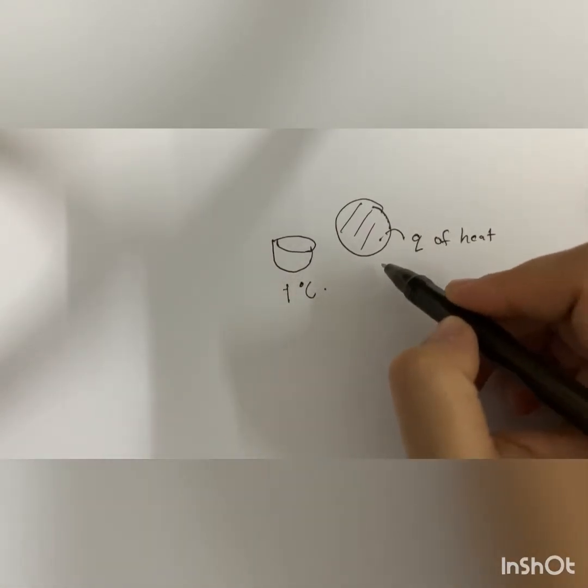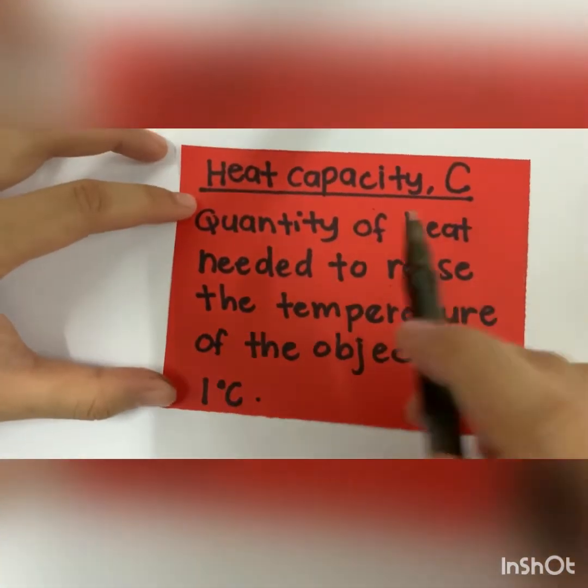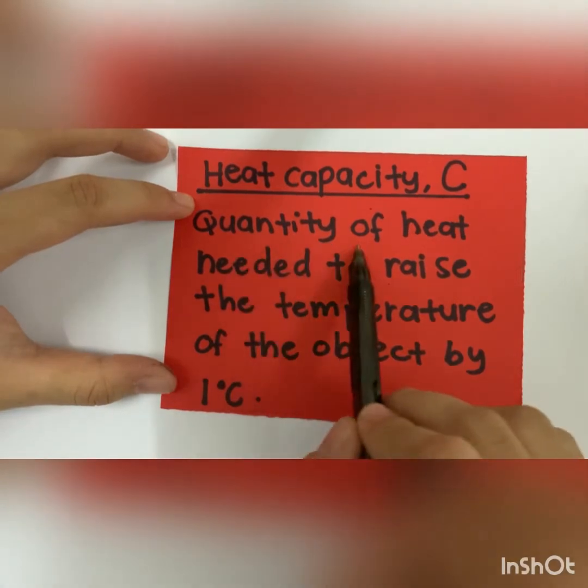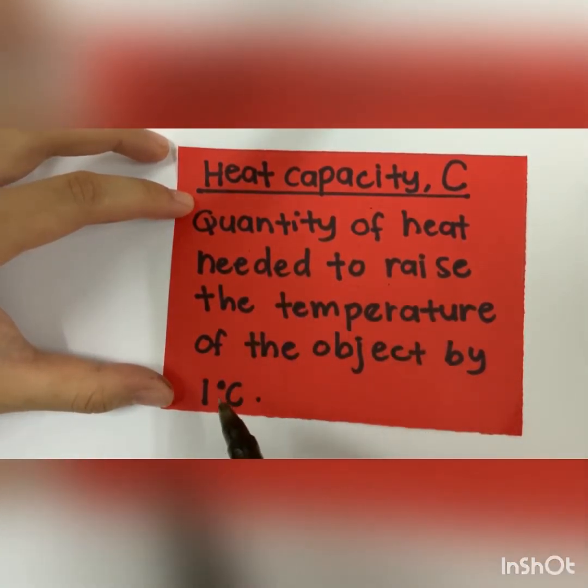Let's say we have a bowl, and heat capacity states that quantity of heat needed to raise the temperature of the object by 1 Celsius.